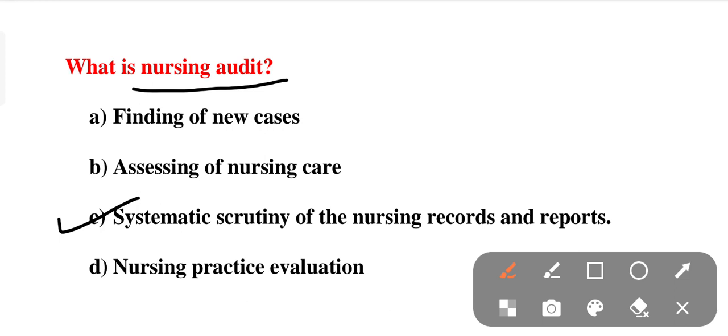For example, in the ward, the ward in charge has to maintain some records. In a month, one day the nursing superintendent will come and check all the records. That is nothing but a nursing audit.